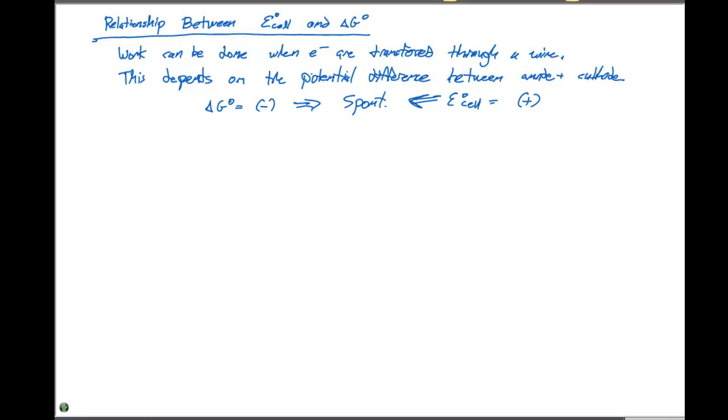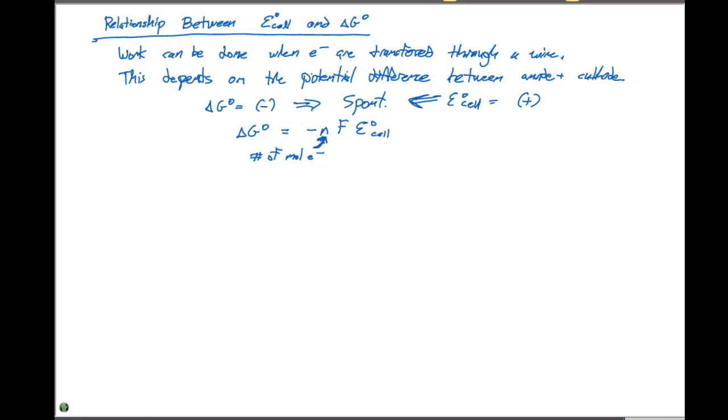When we set up this relationship, we can say that delta G naught is going to be equal to negative N times F times E naught cell. In this case, N is the number of moles of electrons.